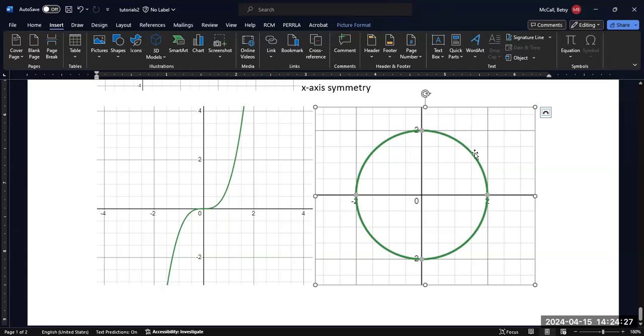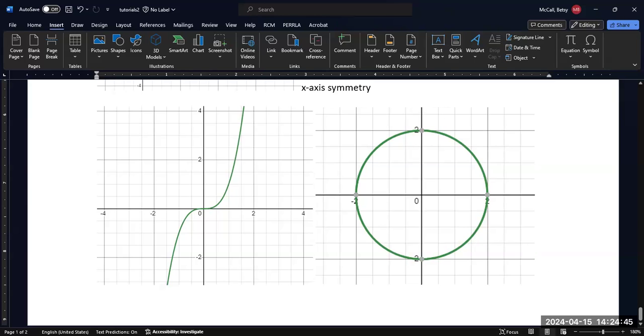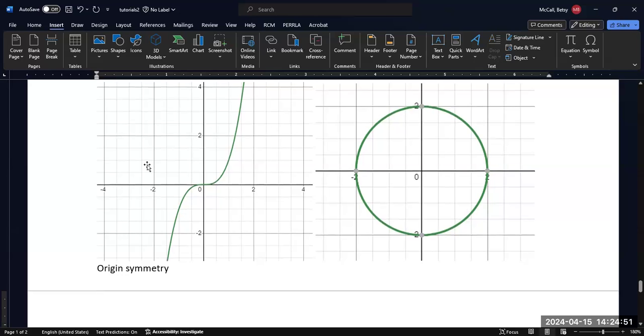But crucially, that also implies that it has origin symmetry as well, because if I look at a point over here in the first quadrant, it is mirrored by a point over here in the third quadrant, and vice versa for the fourth and the second quadrants. So both of these are examples of origin symmetry. Now, again, in the first case, this is origin only, whereas this is all three symmetries essentially simultaneously.